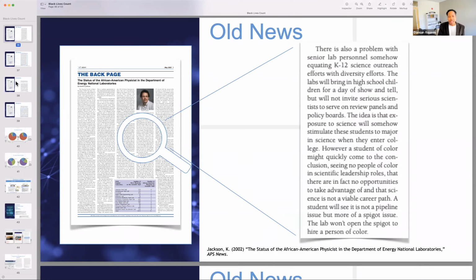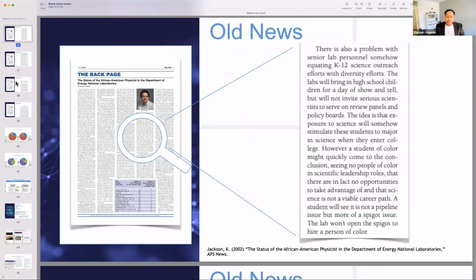Just before I gave the Black History Month talk, a friend, Hakeem Oluseyi, who's currently the president of the National Society of Black Physicists, pointed out to me that Keith Jackson, who used to be at Berkeley Lab, was talking about a lot of this stuff 20 years ago. He sent me this paper from 2002 that was in APS News, where he was talking about the status of the African-American physicist in the DOE national labs.